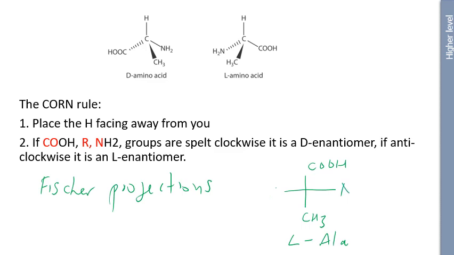So that would become NH2, and that would become hydrogen, and that would become D-alanine. In Fischer projections, the L enantiomers of alpha amino acids have an amino group on the left of the chiral carbon, while D enantiomers have it in the opposite orientation. In order to identify a particular enantiomer from a wedge-dash formula or a three-dimensional model of a chiral compound, you can use the CORN rule, which I've already discussed in the slide.